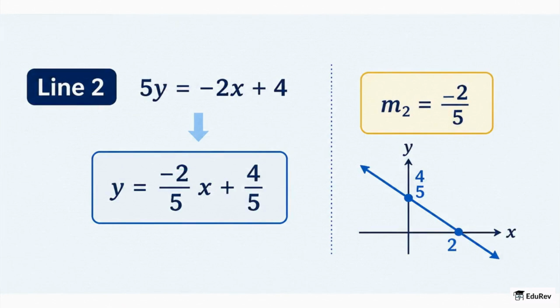For the second, 5y equals negative 2x plus 4. So y equals (negative 2 divided by 5)x plus 4 divided by 5, and m2 equals negative 2 divided by 5.